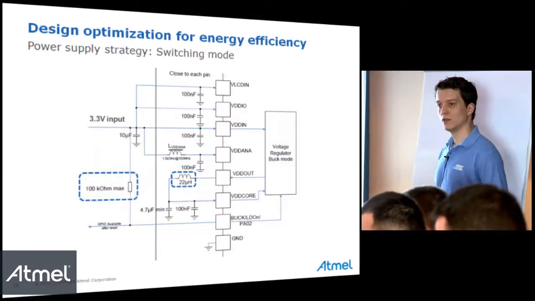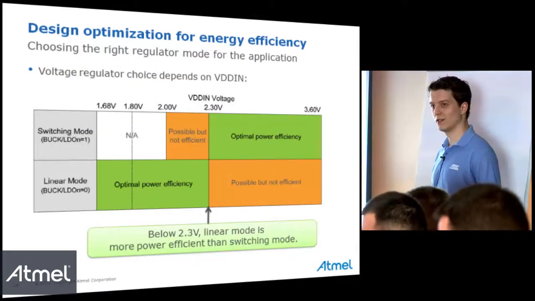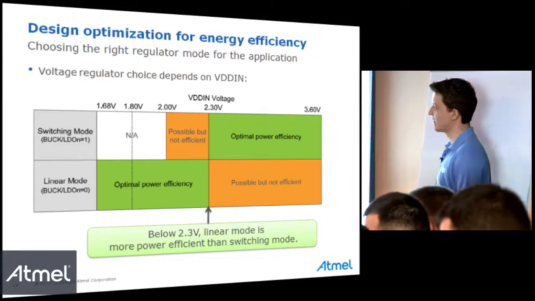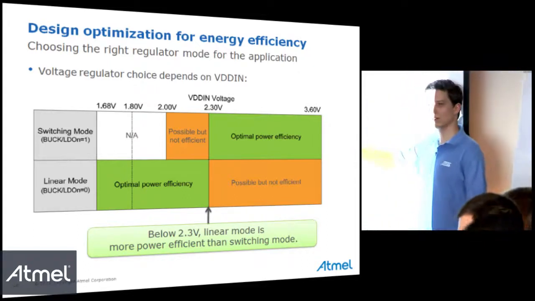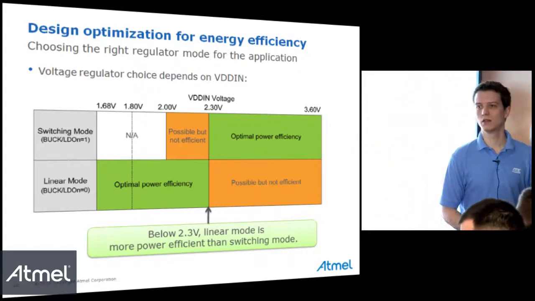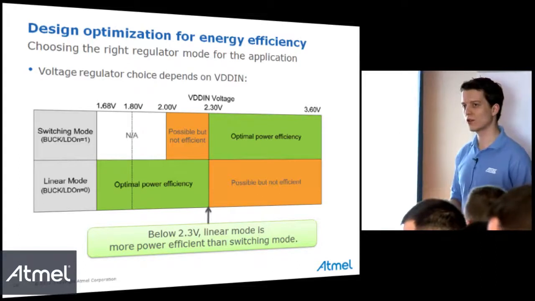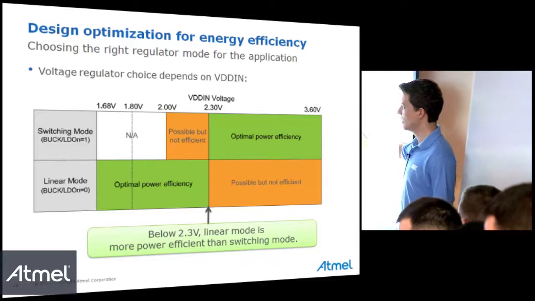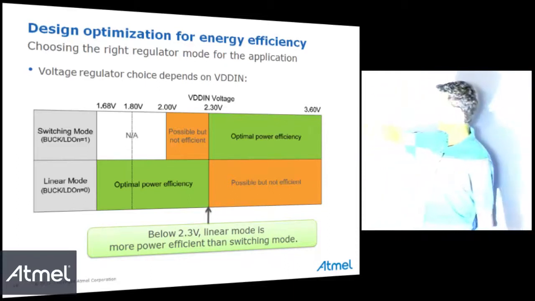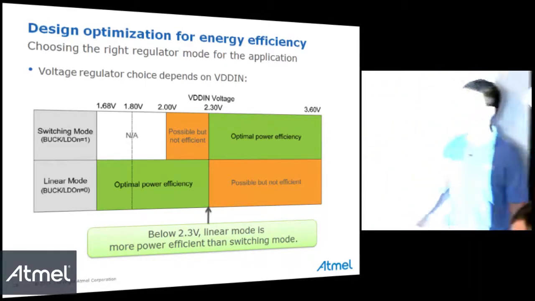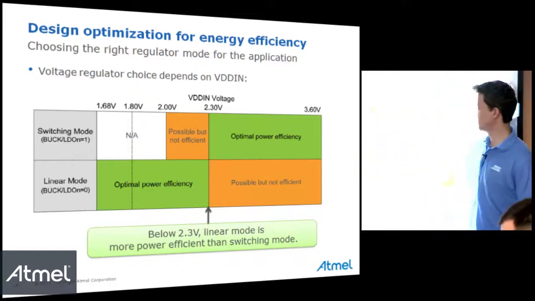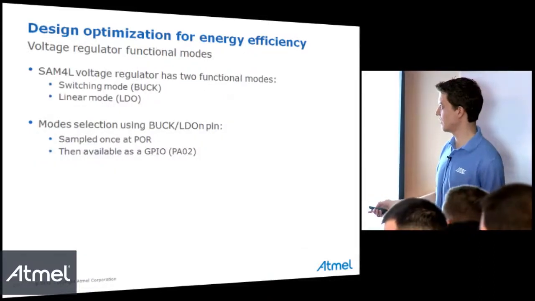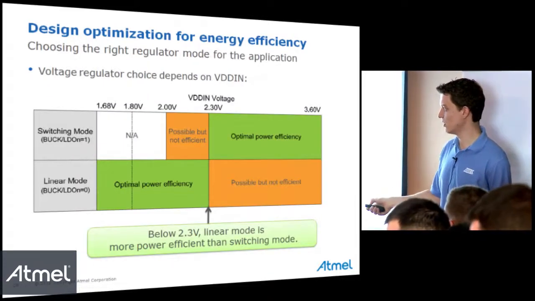But why is that? Is that the power consumption of the regulator that makes the difference? Yes, it's the power consumption of the regulator that makes the difference. In order to go to 1.68 volts, and usually below 2.3 volts, you need to use a different method, which is the linear mode.